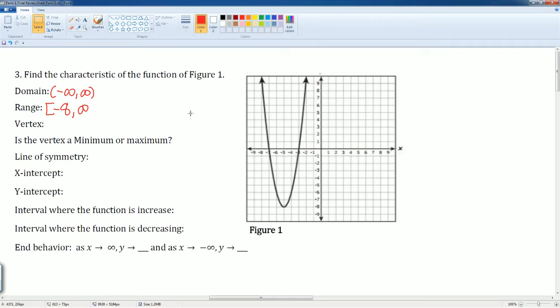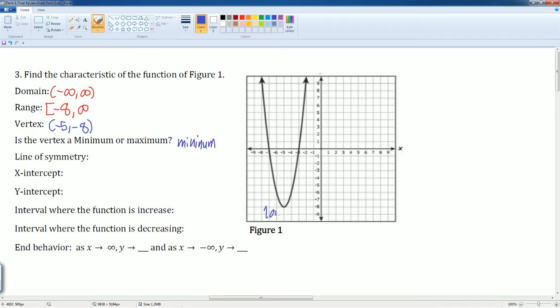Let's look at the vertex. The vertex is the minimum or maximum. So here it is this point here, and this is a value of -5, comma -8 as the vertex. So it's -5, comma -8 as a vertex, and we saw this is the minimum.